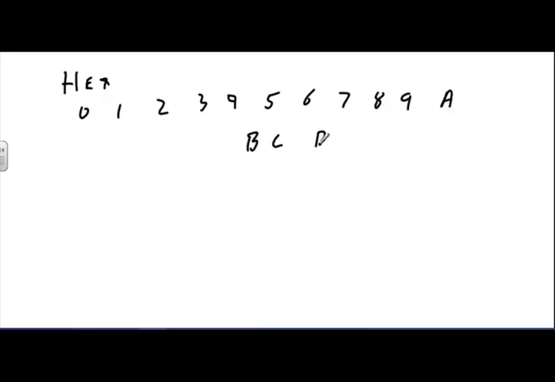So in hexadecimal, we have 0s, 1s, 2s, 3s, 4s, 5s, 6s, 7s, 8s, 9s, A's, B's, C's, D's, E's, and F's. Okay, so we have 16 numbers, 0 through F.